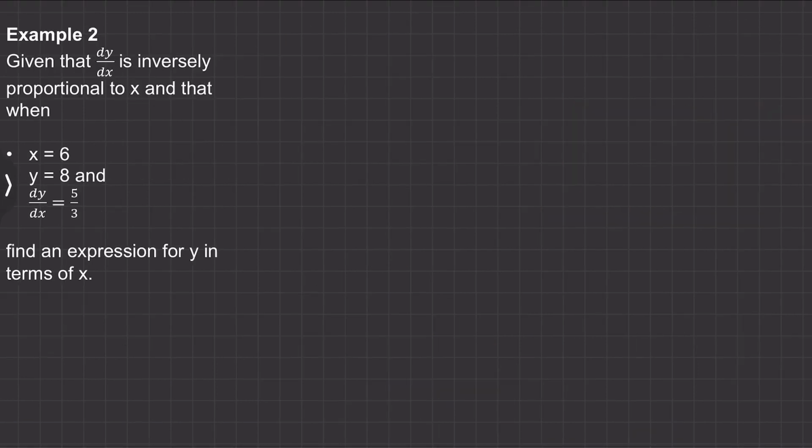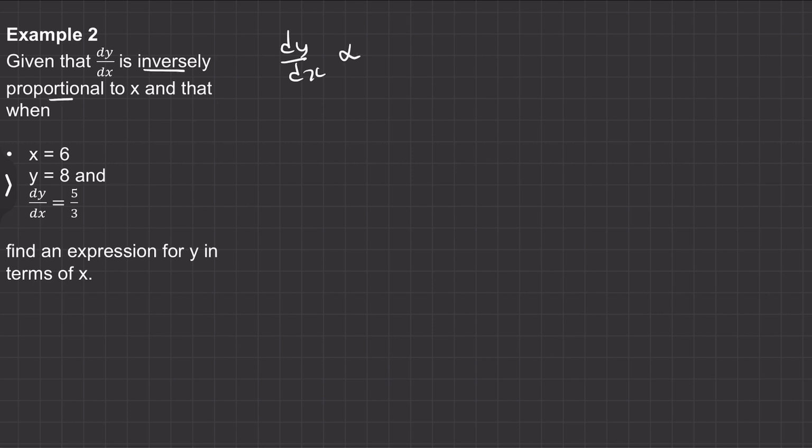Okay, so for example 2, we're told that dy by dx is inversely proportional to x, and that when x equals 6, y equals 8, and dy by dx is 5 over 3, and we've been asked to find an expression for y in terms of x. So we'll start again using our proportion statement that dy by dx is inversely proportional.